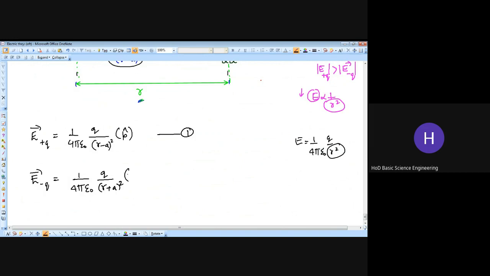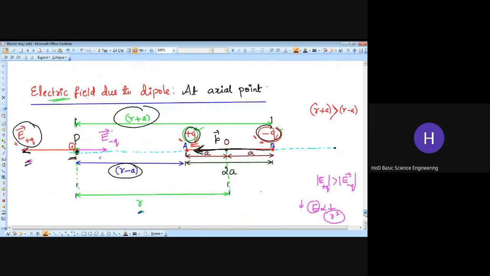Into, what about the direction here? Just compare the direction of E minus Q. E minus Q is acting along this direction. Compared to the direction of the electric dipole moment, this is acting in the opposite direction. E plus Q and the dipole moment are acting in the same direction, but the dipole moment is from right to left, while E minus Q is from left to right.